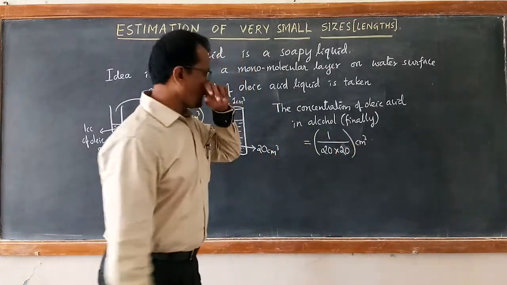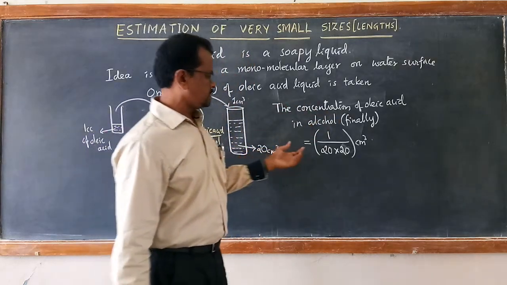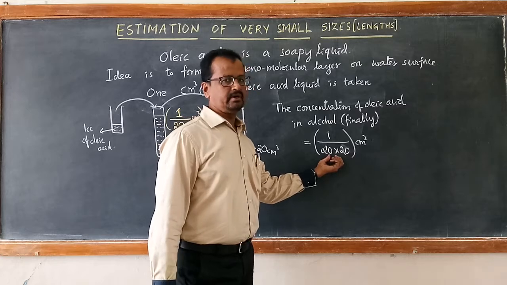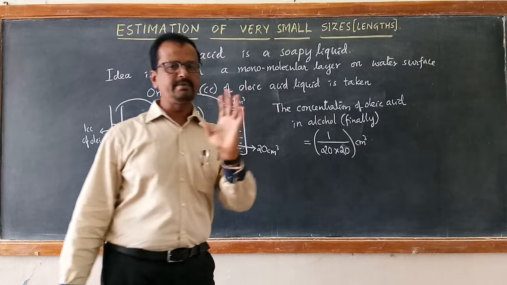So that becomes the concentration of oleic acid per alcohol. Means out of 400 cc of alcohol, there is 1 cc of oleic acid. That is the meaning of concentration.